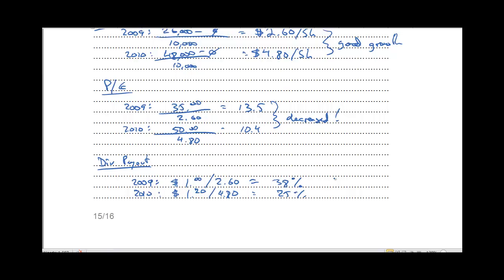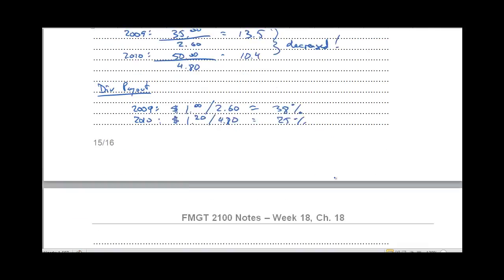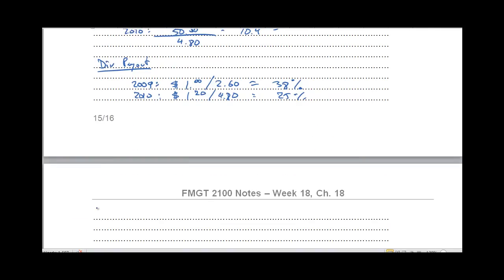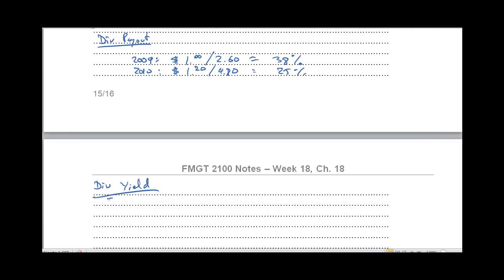A more useful number, though, from the standpoint of the common share investor, is going to be the dividend yield. This says, look, if I put $1 into this stock by buying it, how much am I going to get back in the form of dividends? So for 2009, that was $1 of dividends divided by the market price of $35, or 2.86%. That's the rate of return from dividends.